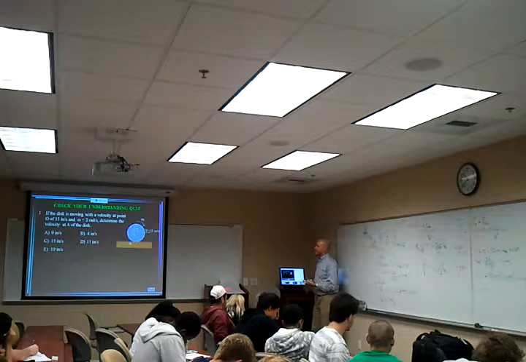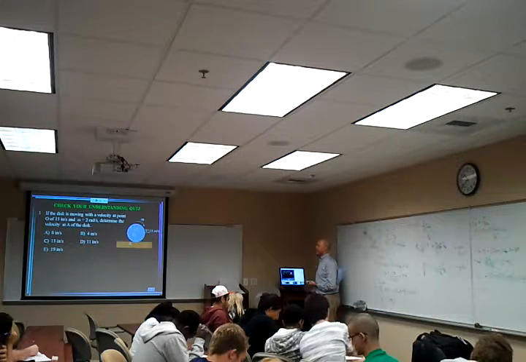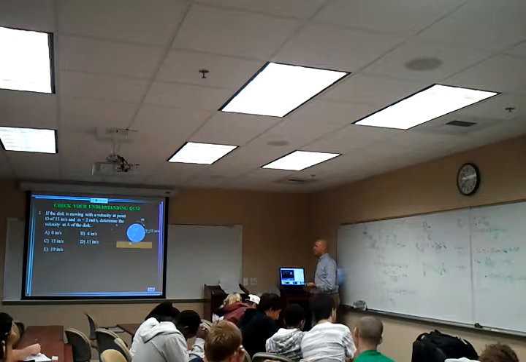All right, let's do an easier problem. The disk is moving with a velocity at point O of 15 inches per second, and omega is 2 radians per second.